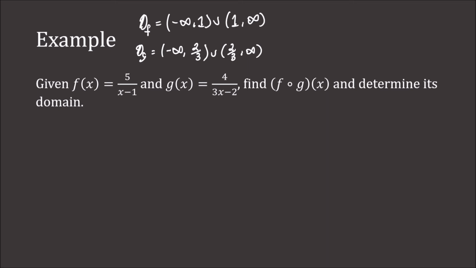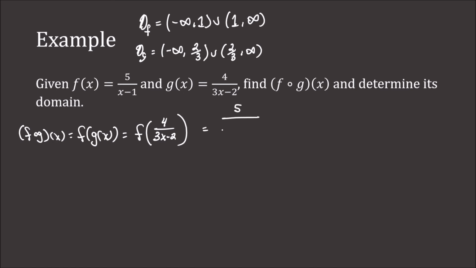So now let's find f of g of x. It becomes f of 4 over 3x minus 2, which is 5 over 4 over 3x minus 2, minus 1. Now let's simplify this.